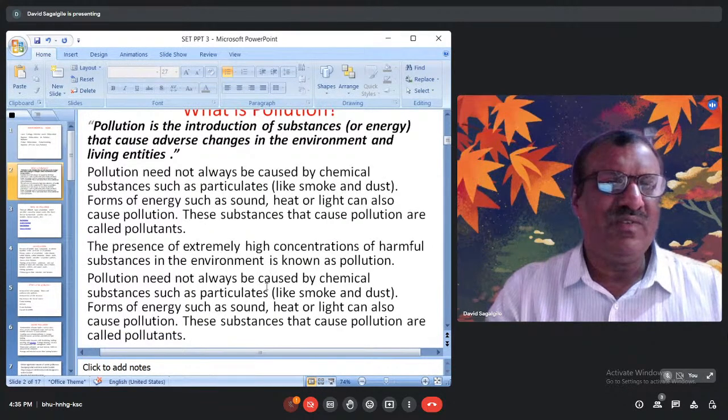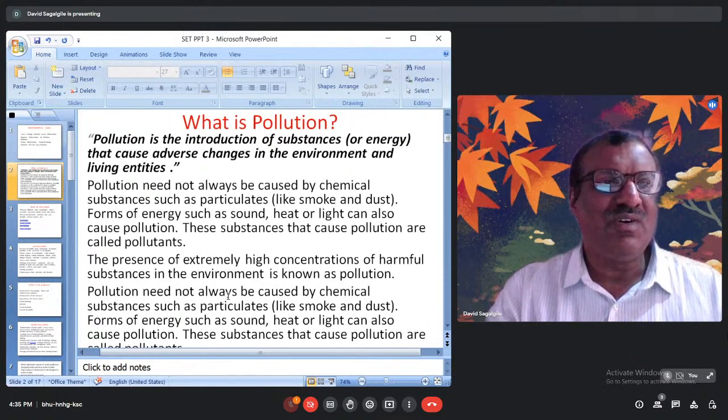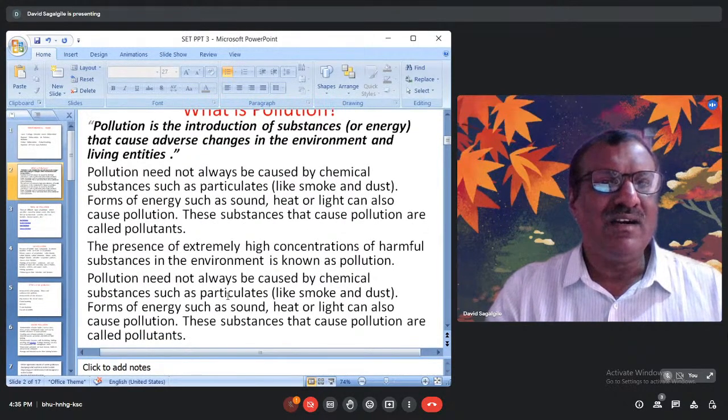Pollution need not always be caused by chemical substances, isn't it? It is not only always caused by chemical substances. We see that there are many more aspects to pollution.